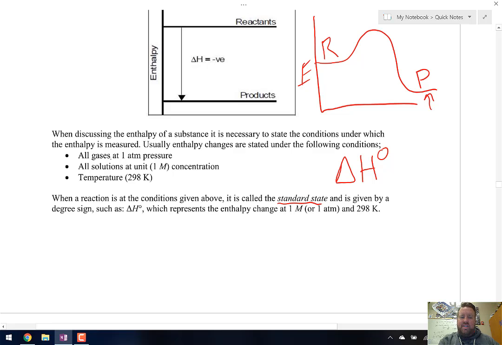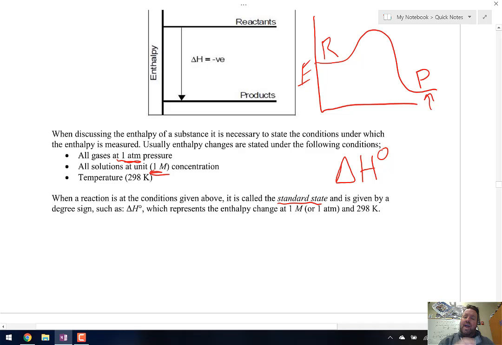If you're at the standard state and it's gases, it's kind of like standard temperature and pressure, but in this case, the pressure is just like STP. If they're gases, all of the gases will be at 1 atmosphere. If you have a solution, which is more common here, the concentration will be 1 molar.